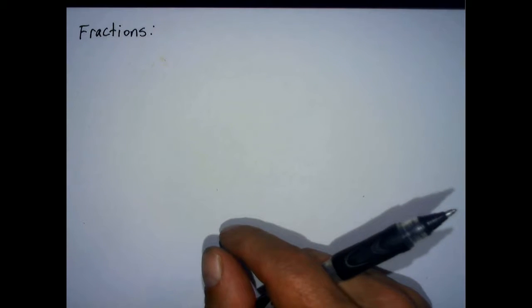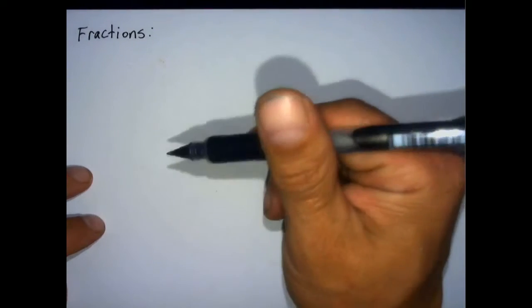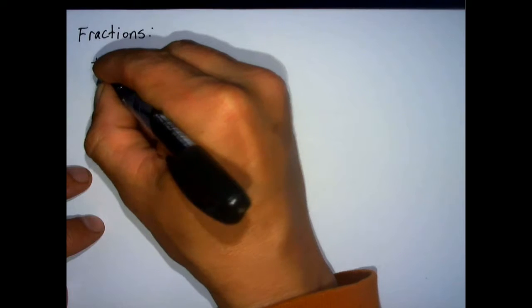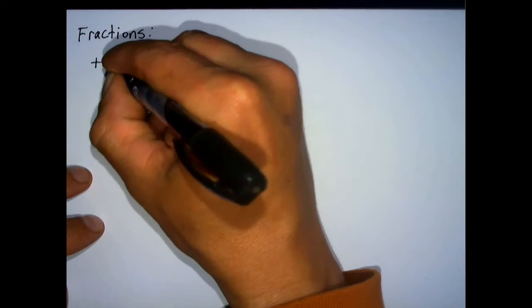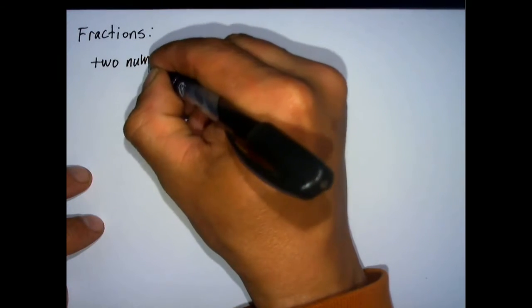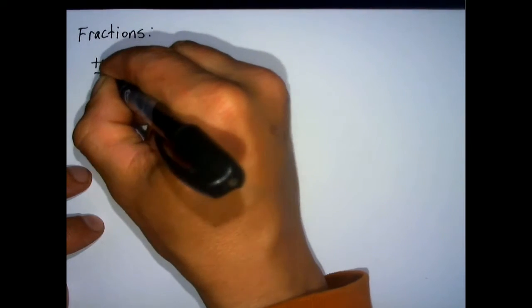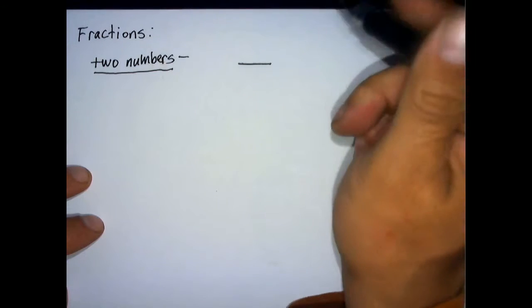All right, so fractions. Here we go. Now, when we talk about fractions, we primarily have two numbers involved, and a fine line between them. Two numbers. And I want to explain these differently. They are not the top and the bottom.